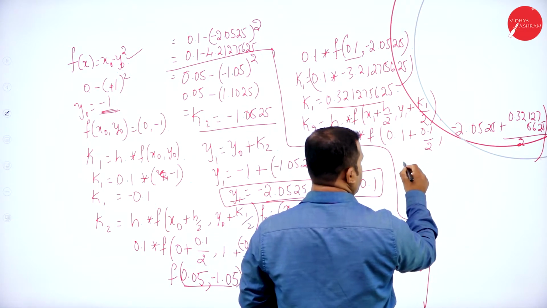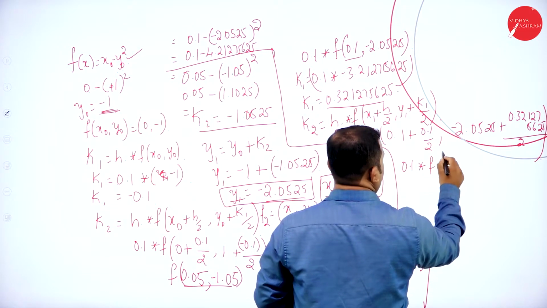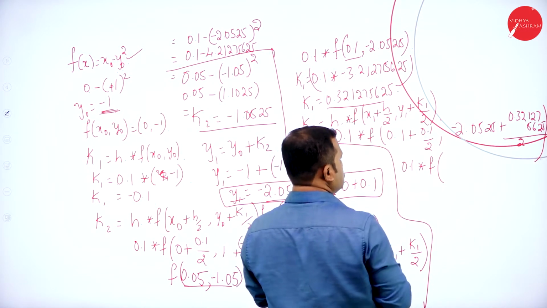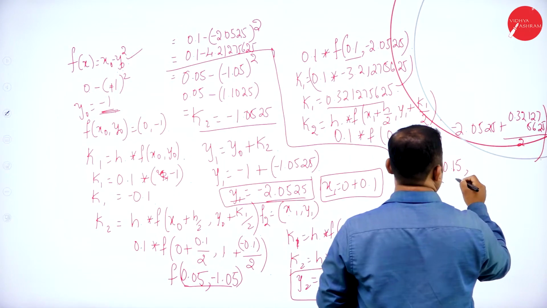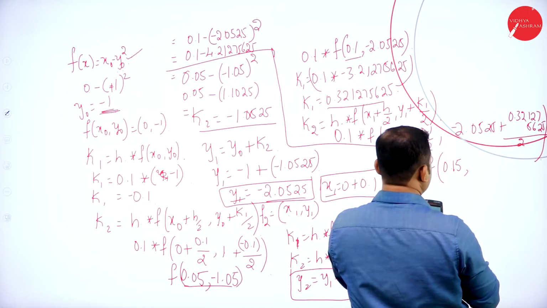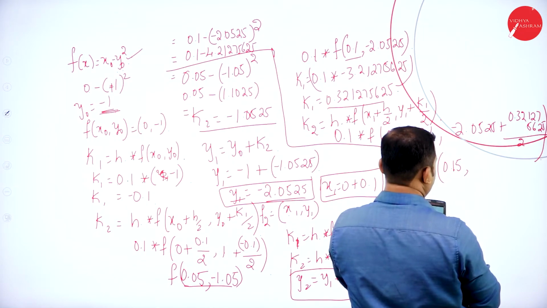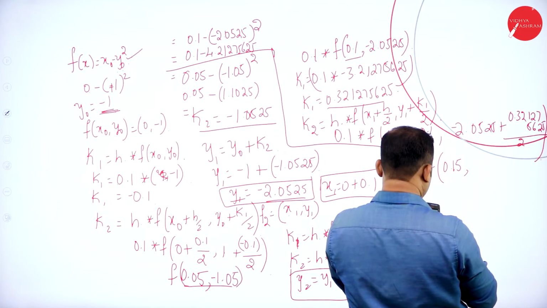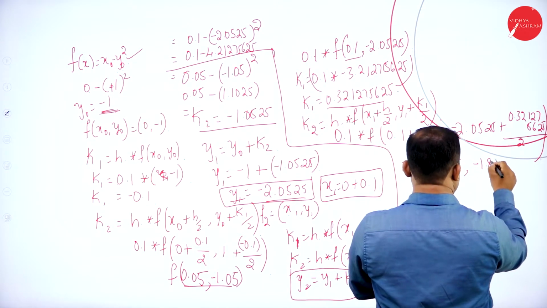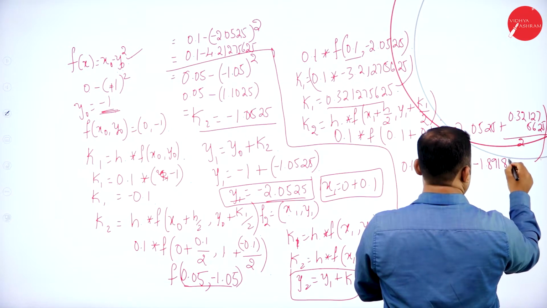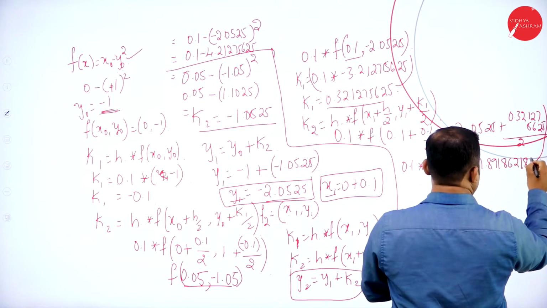If I simplify this term, what happens? 0.1 into f of this term, that is 0.05 plus this term, 0.15 comma this term, minus 2.0525 plus of 0.321275625 divided by 2 is equal to minus 1.891862188.